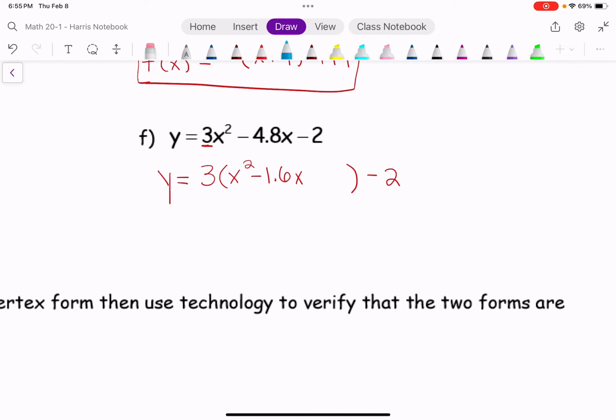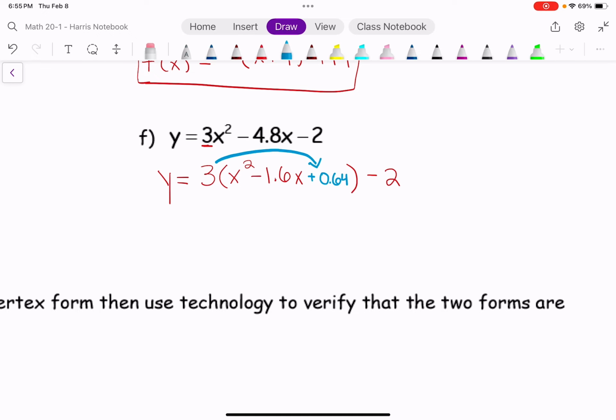Okay, so I have to go negative 1.6 divided by 2, and then I'm going to square that. I should get positive 0.64, because negative 1.6 divided by 2, you should get negative 0.8. I'm going to square that, and I get 0.64. Because I added a 0.64 here, and there is a leading coefficient, it's technically 3 times 0.64.